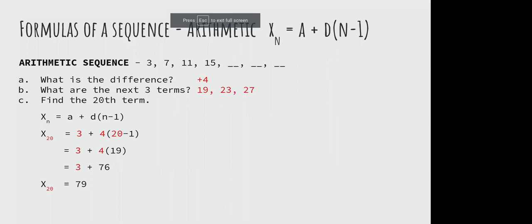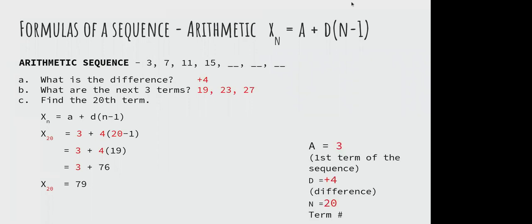There is a way for us to get there without going through all of the terms. So we talked about the arithmetic sequence. We can find the difference. We can find the next terms, but then they asked us for the 20th term. So we started with our formula.